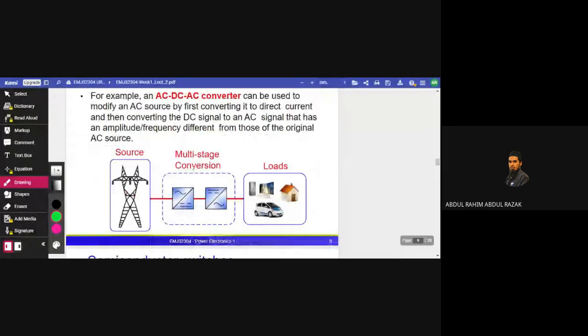It depends on the kind of load and the scenario of the transmission or processing at the time. So we need a multi-stage conversion.